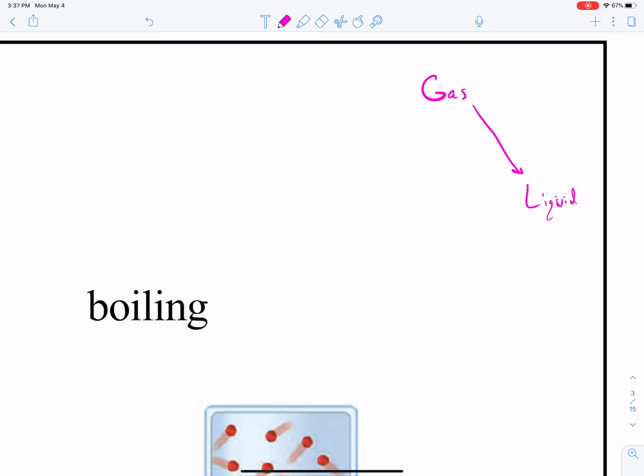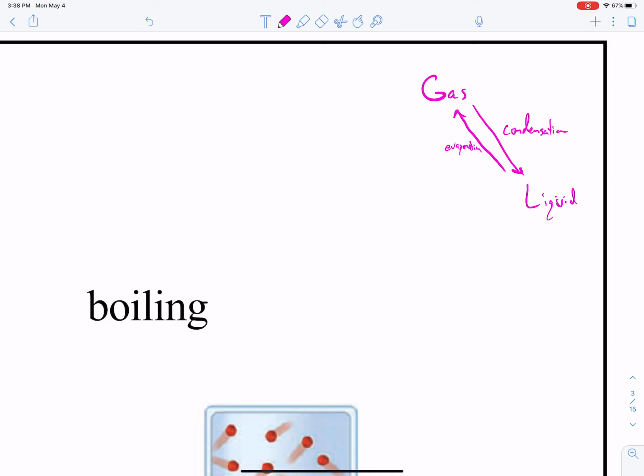When I convert that gas to a liquid, that is called condensation. When I go backwards to a gas, that's called evaporation.